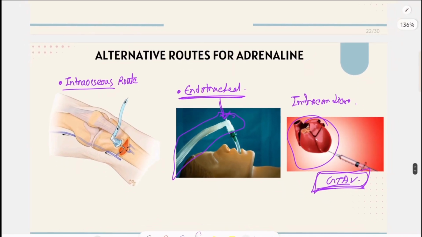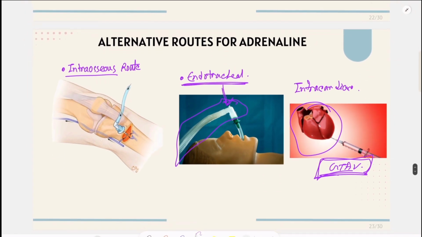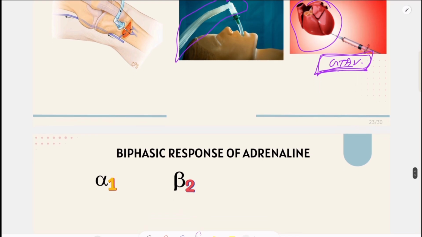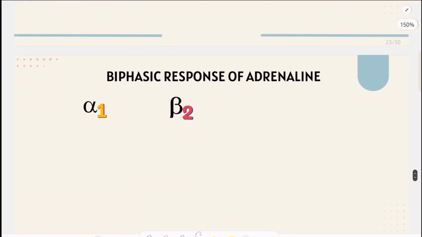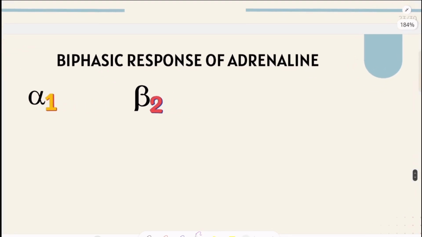Now we will discuss a very important topic, vasomotor reversal. But for understanding that, we need to know about the biphasic response of adrenaline. Here is a quick recall: adrenaline contains A, and A means all receptors. So adrenaline works on alpha 1, alpha 2, beta 1, beta 2, all the receptors.